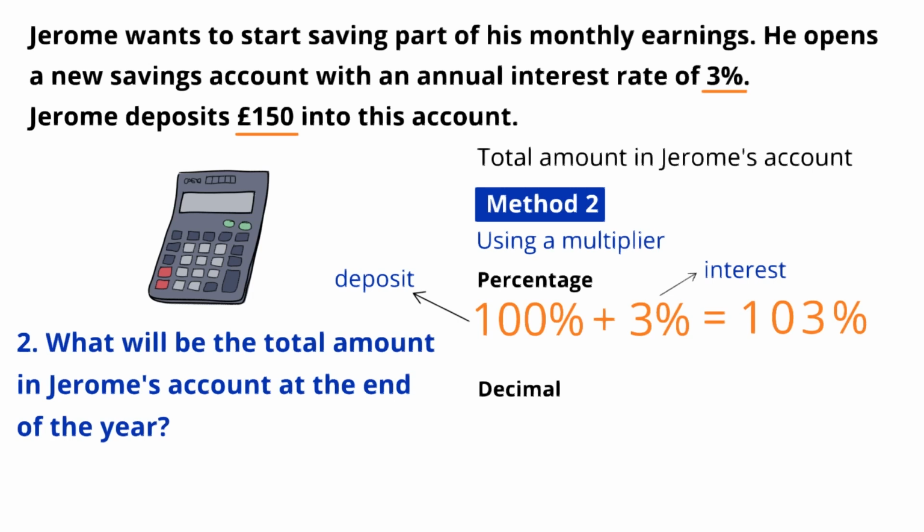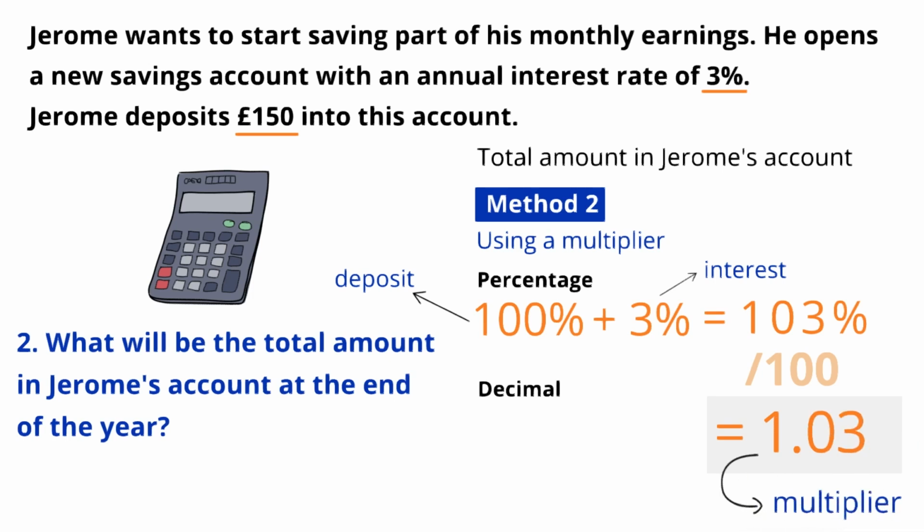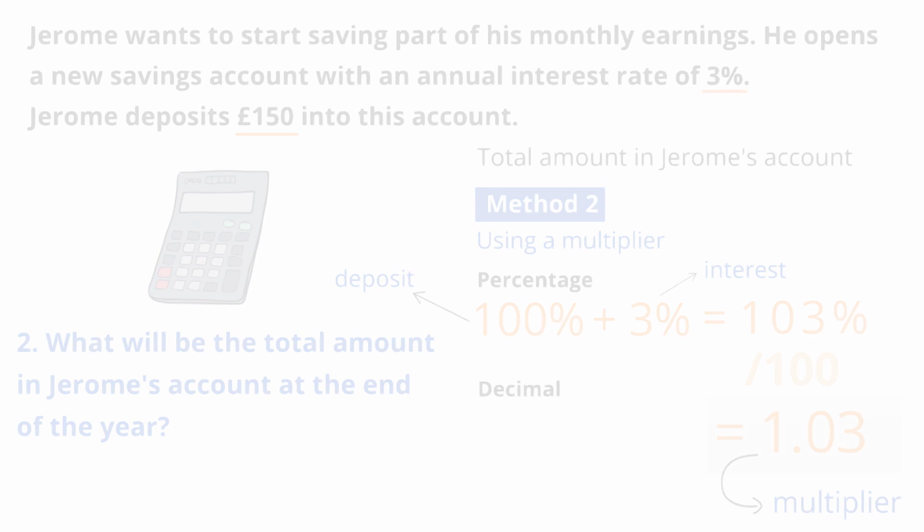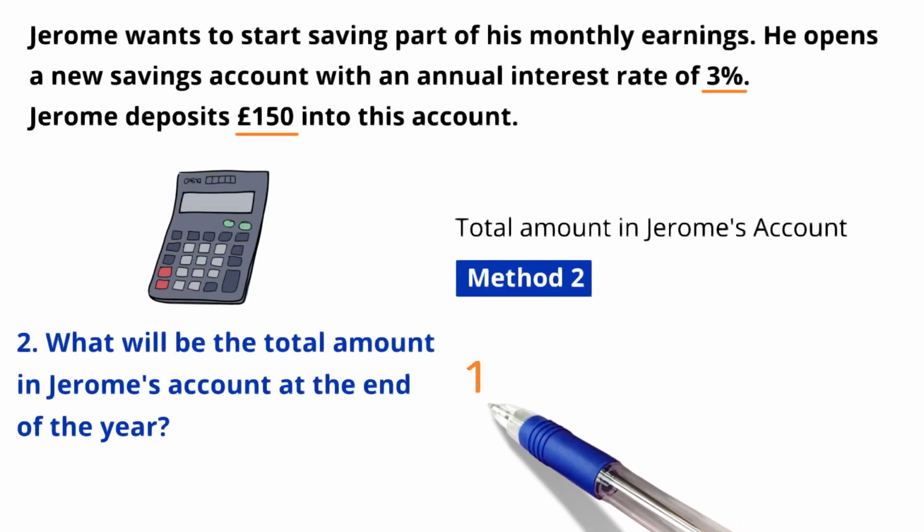To work out what 103% of the £150 deposit is equal to, we need to convert 103% into a decimal. To do this, we divide by 100, which gives us 1.03. And this is our multiplier, or how many times bigger Jerome's deposit will be at the end of the year.